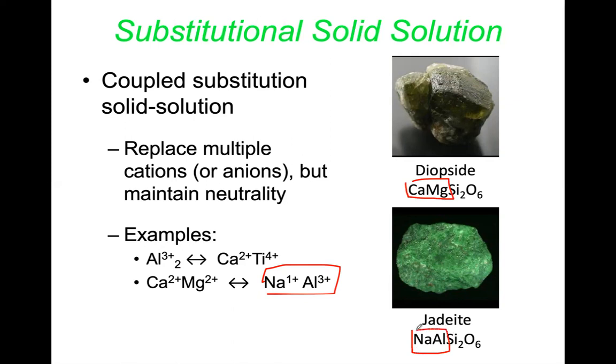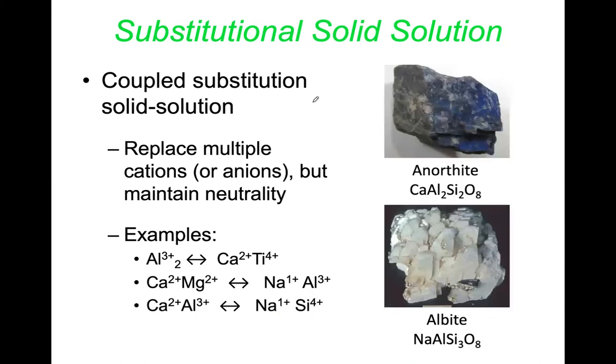So this happens usually when the pressure increases. Jadeite is especially a pressure sensitive phase. So the normal diopside can be changed to jadeite when a sudden pressure increase is happening, especially in subduction zones. So this coupled substitution takes place in that case.